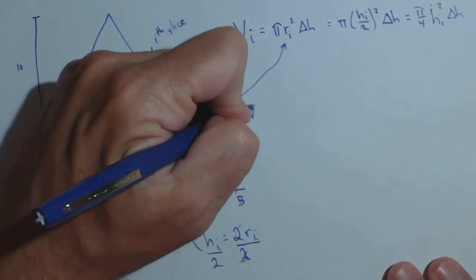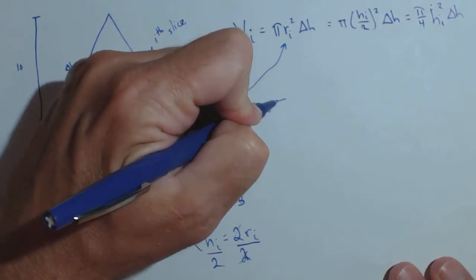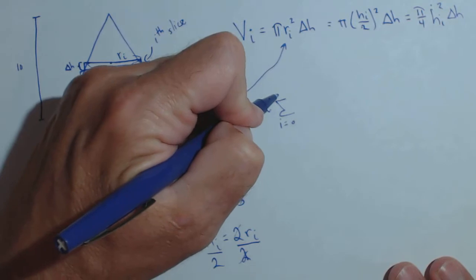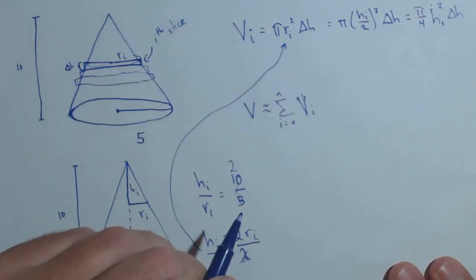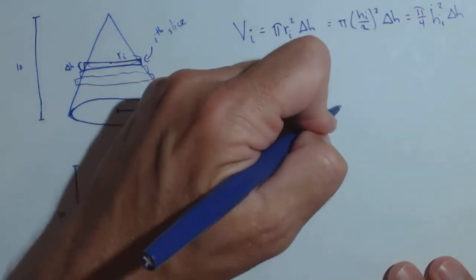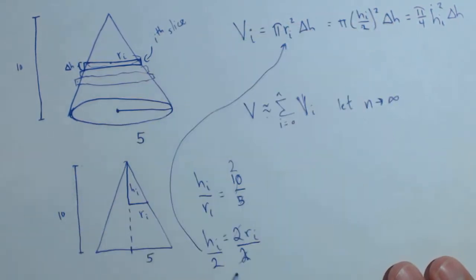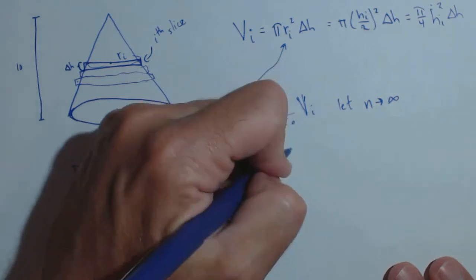Now, to approximate the volume, we would set up a Riemann sum that would, from 0 to n, add up all the v sub i's. To make that exact, we're going to let n go to infinity. We're going to have an infinite number of slices, which forces delta h to go to 0.